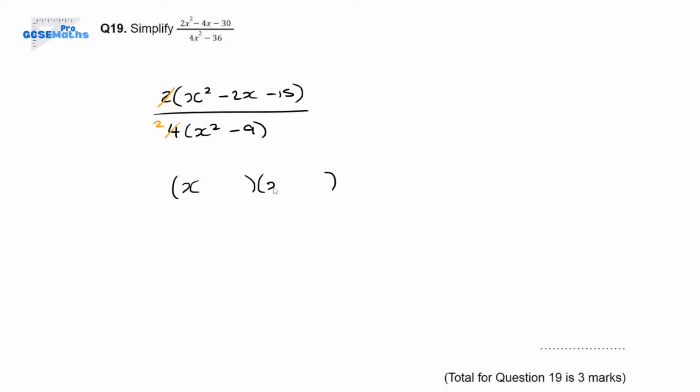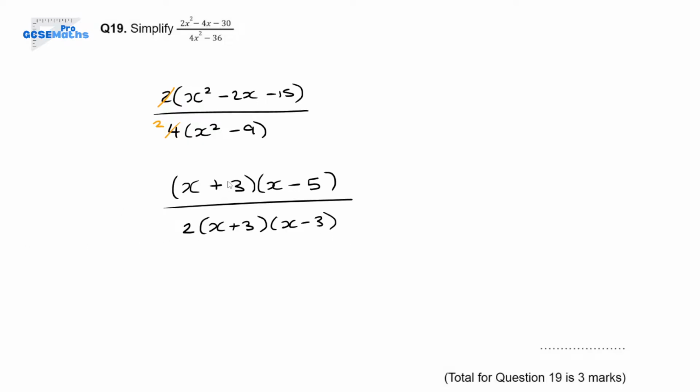Now I'm going to factorize this. Obviously I've got x in both brackets. It's quite handy because then I don't have to factorise one where 2 is the coefficient, isn't it? It's a bit easier. Obviously, multiplying to make a negative, so plus and a minus. Factors of 15 that add up to 2 would be 5 and 3, but I want minus 2, so minus 5, positive 3. And then in the denominator, I still have this 2 here. Difference 2 squares factorises, you just square root both, and then put a plus and a minus.